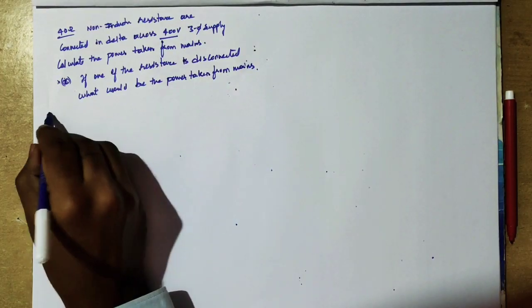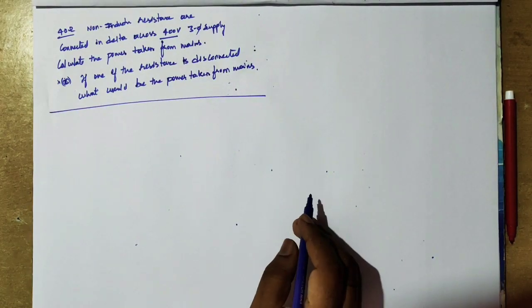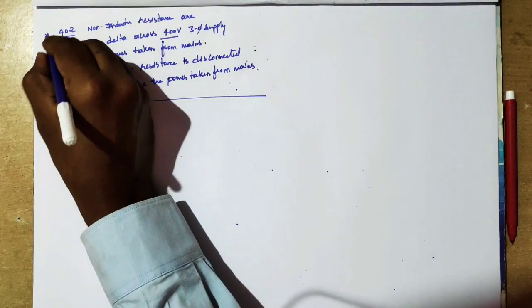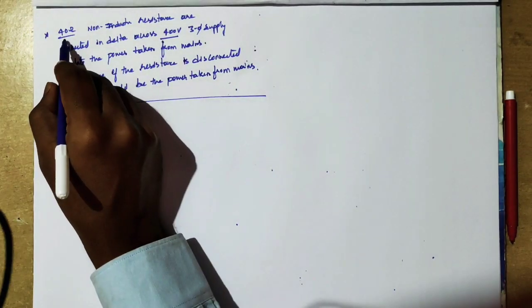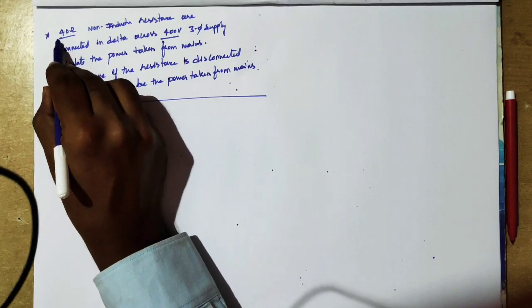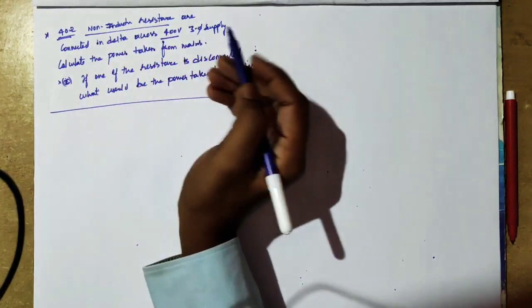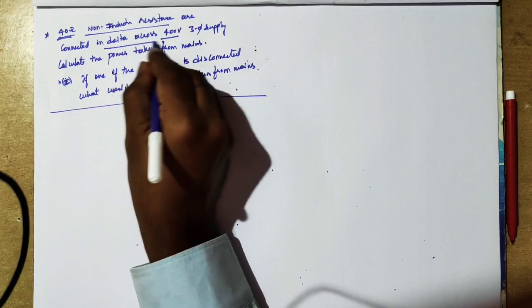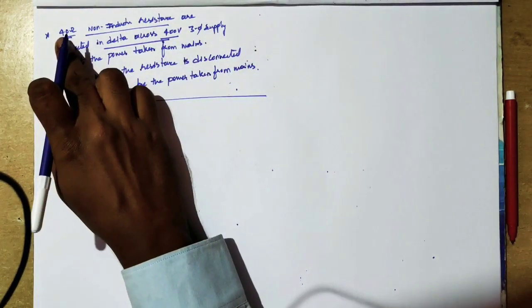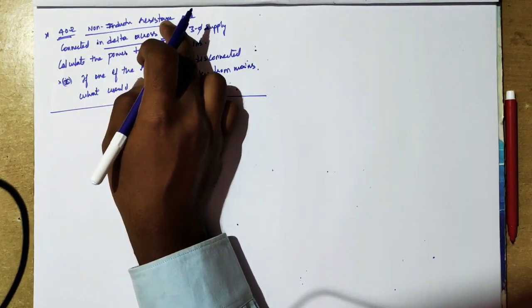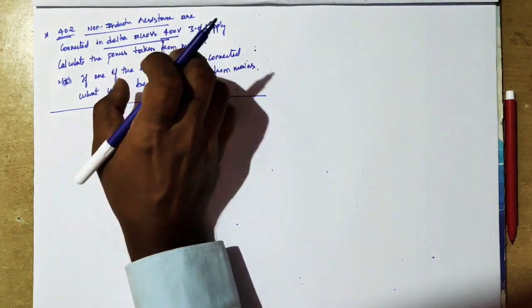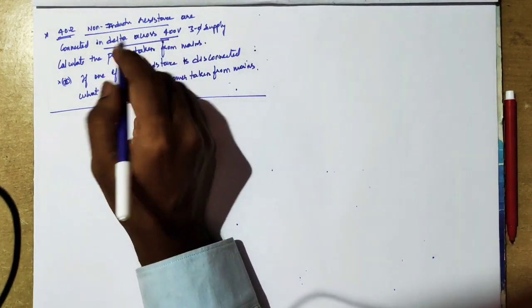Now this is the sum I want to discuss. Let us read it together. A 40 ohm non-inductive resistance is connected in delta across 400 volts. Non-inductive means there is no inductance in the load, only resistance.